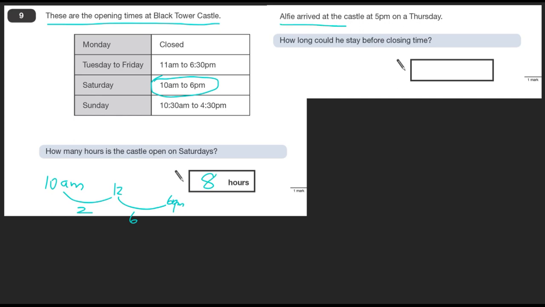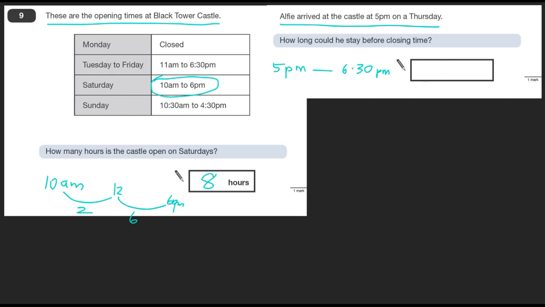Afifi arrived at the castle at 5 p.m. on Thursdays. So 5 p.m. to 6:30 p.m. is 1.5 hours. How long could she stay before closing time?